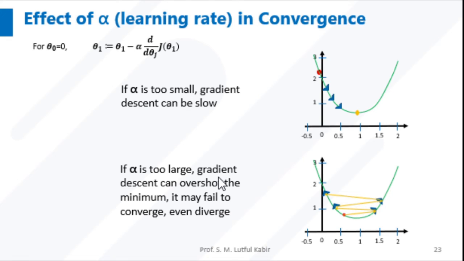So if you continue multiplying the derivative with a large number, you may actually diverge from the minimum point, where we are expecting that it will converge towards the minimum point. But because alpha is too large, the gradient descent algorithm will not converge in this case.